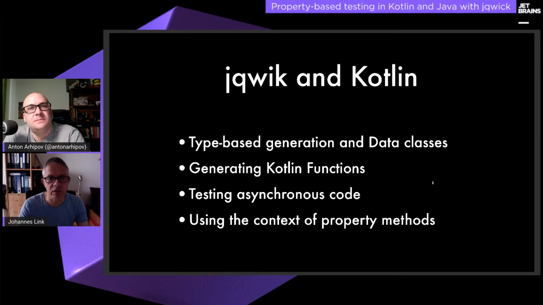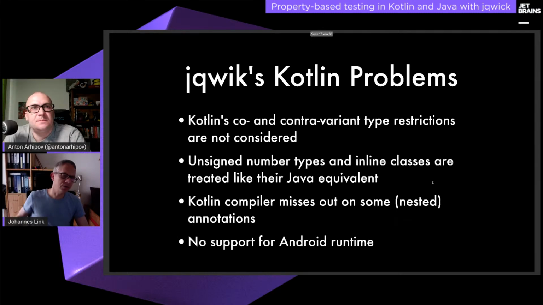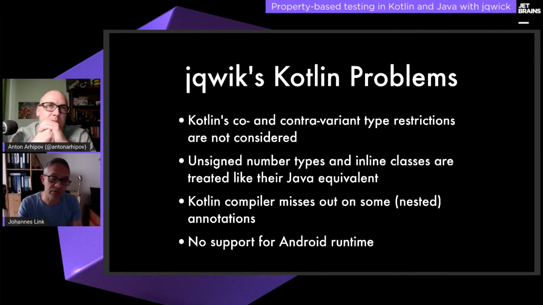There's much more to that, but there are also a few problems, and the major reason for these problems is the heavy reliance on Java reflection. That means that everything that Java reflection doesn't show is lost. Java reflection doesn't really, at least as far as I know, show inline types.